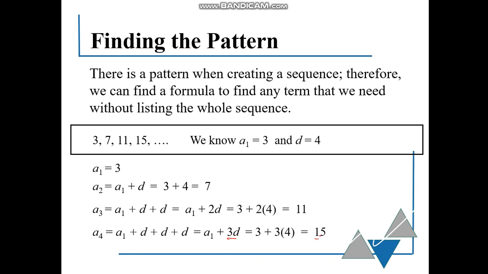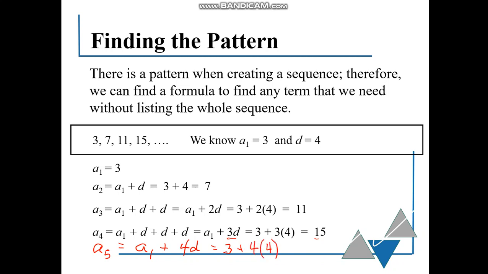So what about A5? What would that pattern look like? Well, I'd have A1 plus, first we had 1 D, then 2, then 3. Now we have 4 Ds. So I have 3 plus 4 times 4.